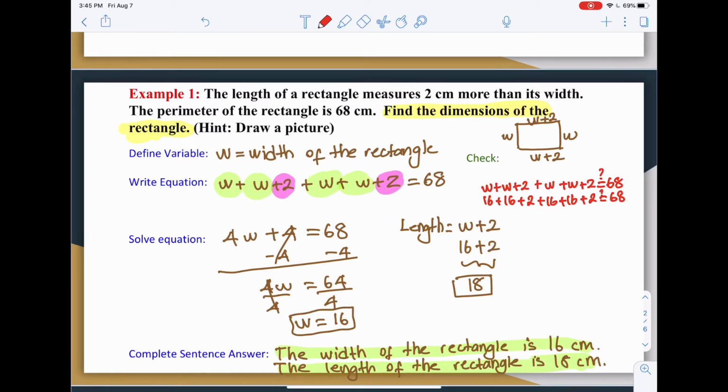So when we add them, 16 plus 16 is 32. And I have another 16 plus 16, here's 32. And then I have 2 and 2 here, so 32 plus 32 plus 4 will give us 68. And yep, it was correct. Great job, everyone. Let's move on to the next question.